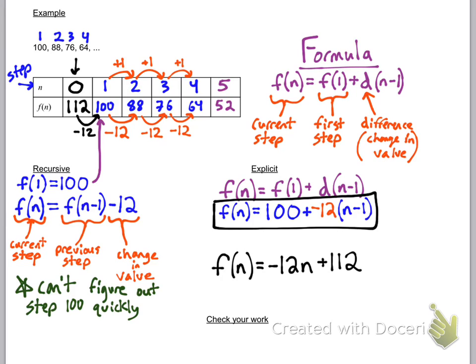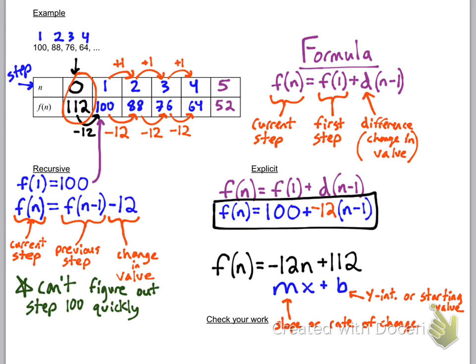And the reason I like this is because this connects to things we've done before. We've done mx plus b before, where m is the slope or the rate of change, and b is the y-intercept or the starting value. You see, y-intercept or starting value, that's when x equals 0. So here, when n equals 0, that's going to give us our starting value of 112. m, the slope or the rate of change, is just the rate of change.